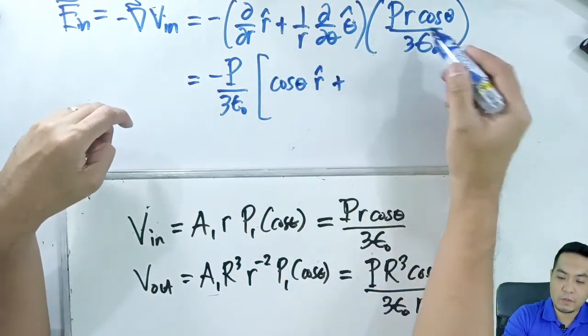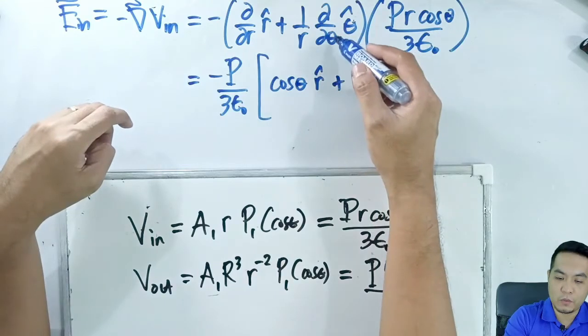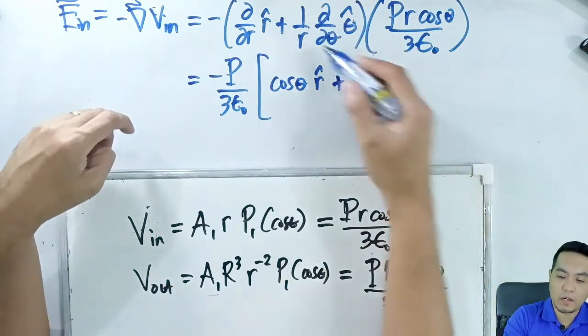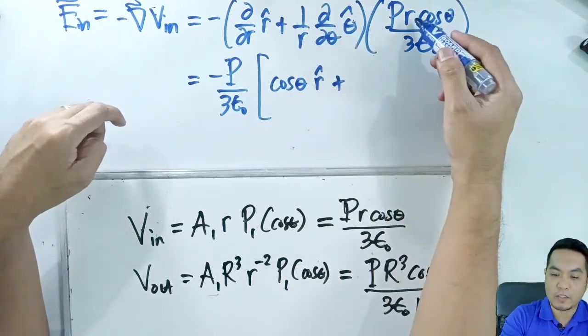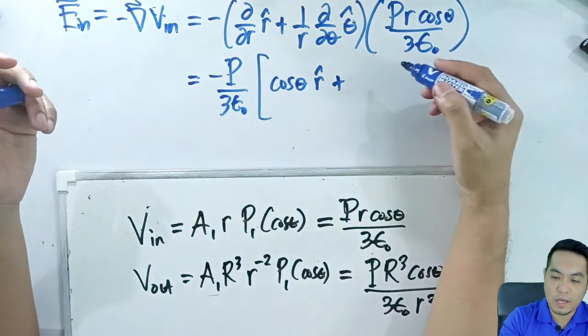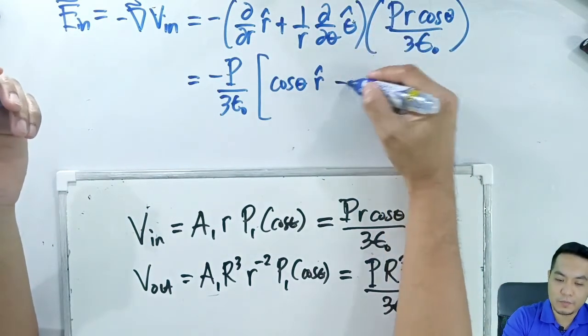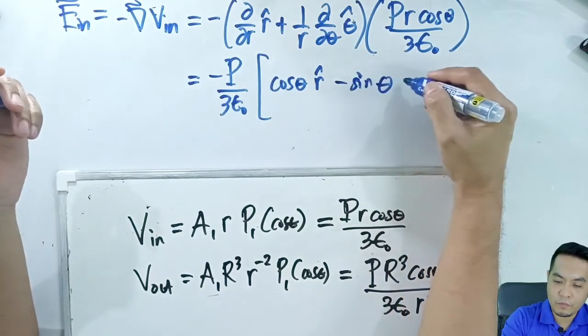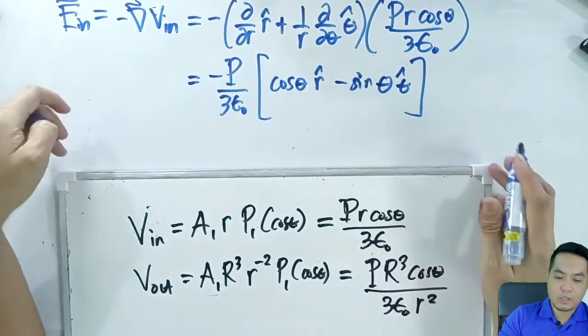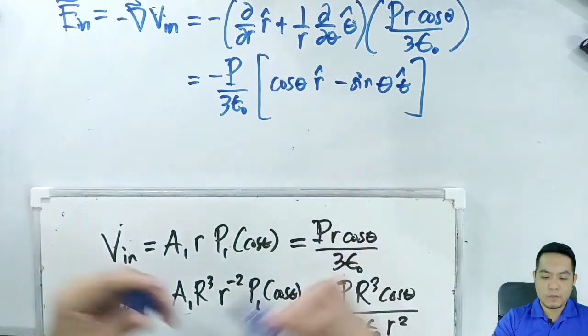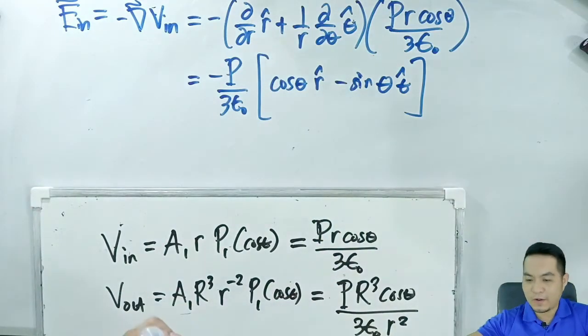Plus the derivative of r cosine theta with respect to theta multiplied by 1 over r. The r's cancel out, and the derivative of cosine theta is negative sine theta. So this is our electric field, but we can further simplify this.